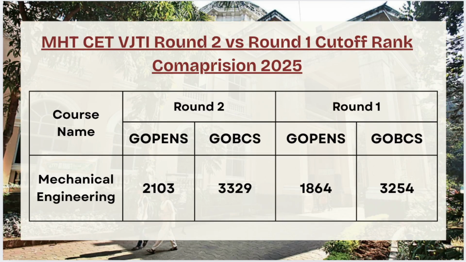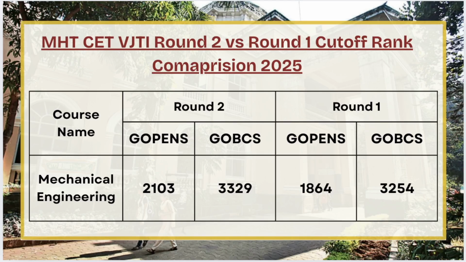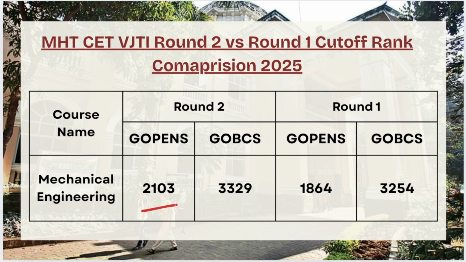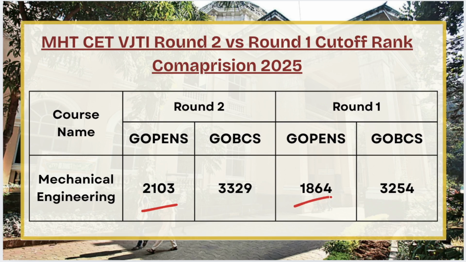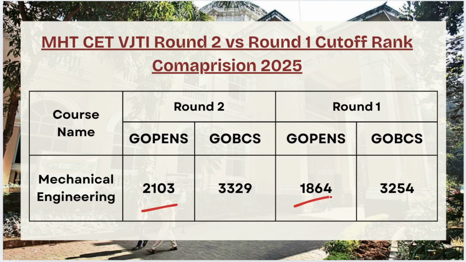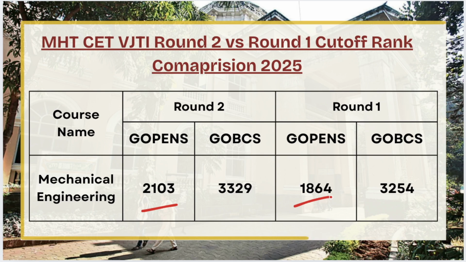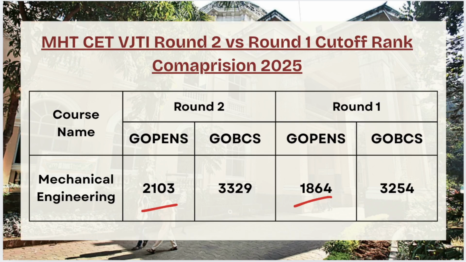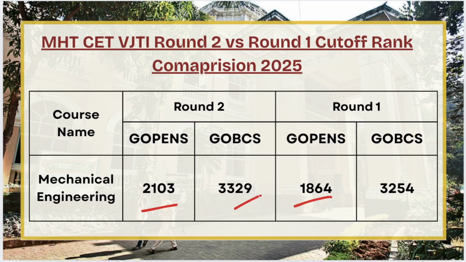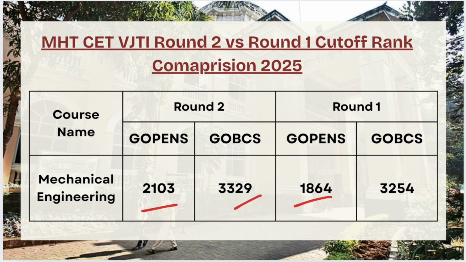Next, moving ahead, we have mechanical engineering. For G-Open category, in Round 2 the cutoff rank was 2103, whereas for Round 1 the cutoff rank was 1864. So again, we can see a good change, almost a 200 point plus difference between Round 1 and Round 2 cutoff, whereas for GOBC category the cutoff rank for Round 2 is 3329, whereas in Round 1 the cutoff rank is 3254.